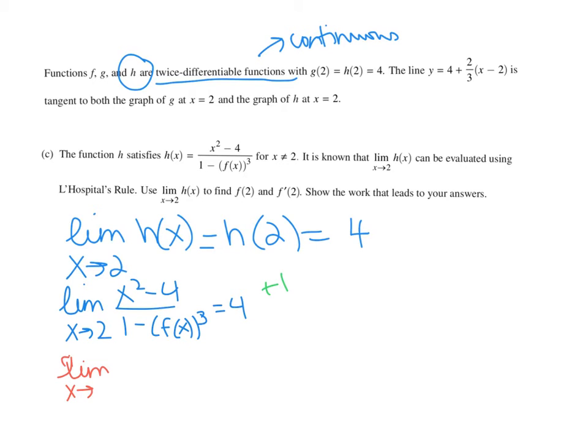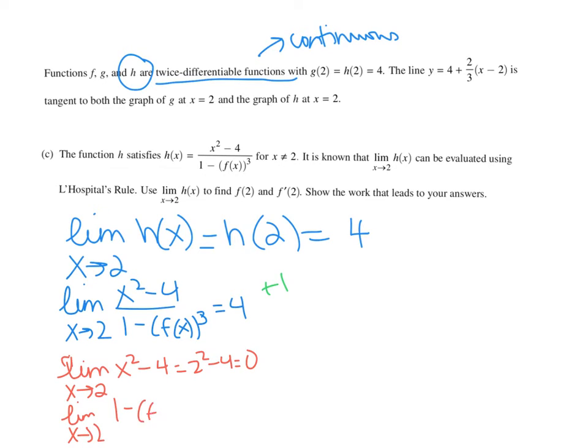So let's do the numerator of that fraction and the denominator of that fraction. The numerator, the limit as x approaches 2 of this, is going to be equal to 0. That's a good sign. The denominator, let's try that one out.